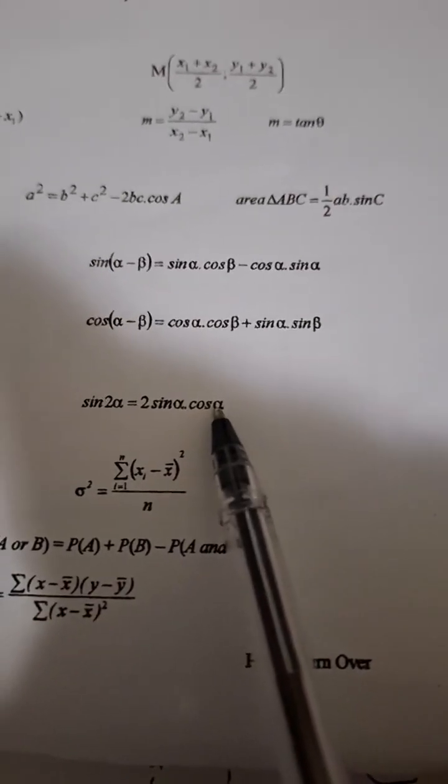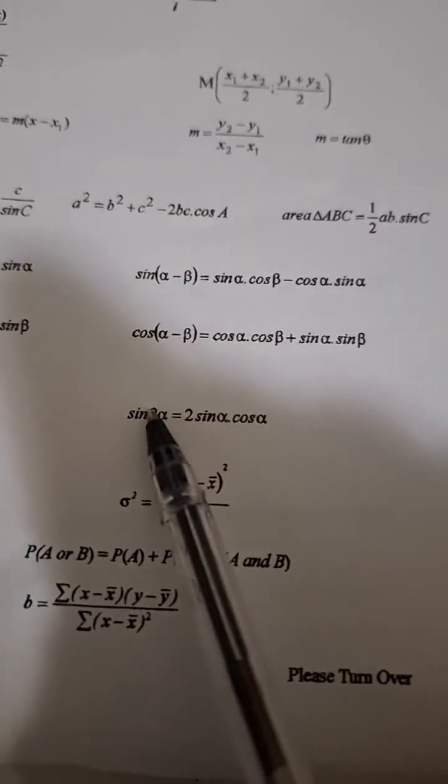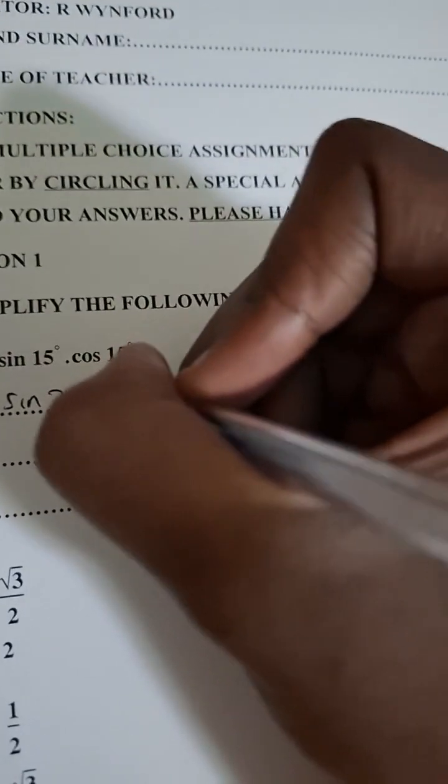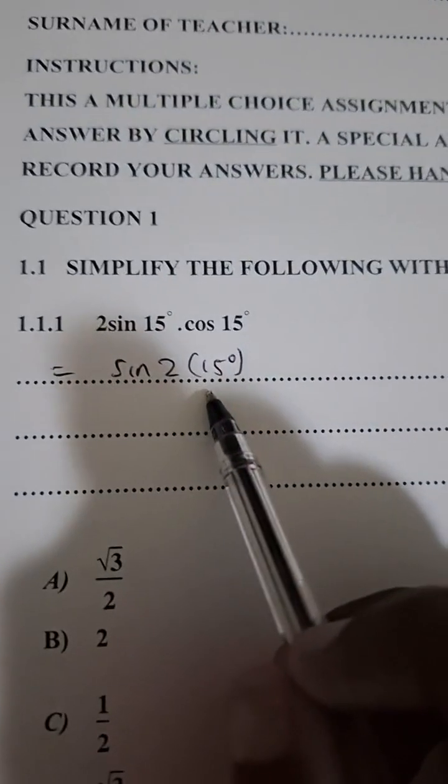So obviously now we are going to write it in reverse. So 2 sine alpha cos alpha is equal to sine 2 alpha. In other words, 2 sine 15 cos 15 is equal to sine 2 times 15. This is what they mean by show your steps.